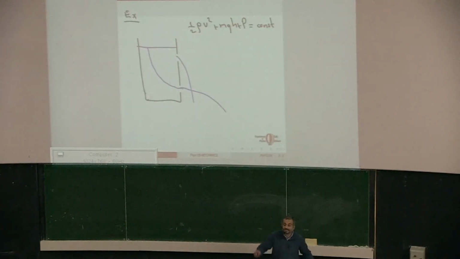So along this line, that quantity is a constant. Now you can just imagine that the hole at the bottom is very small, so the amount of liquid that gets out per unit time is very small, and the area is very large. So you can imagine that the velocity here, let's call it V1, is almost zero.